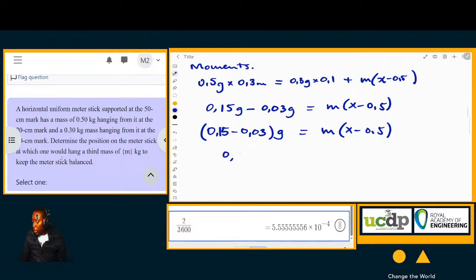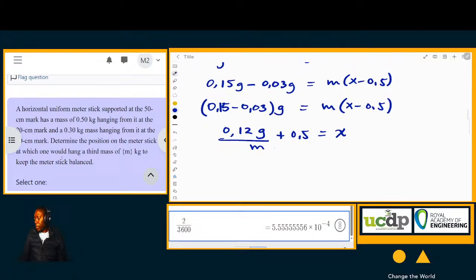So this is 0.12 multiplied by g, over m, plus 0.5, equals x.